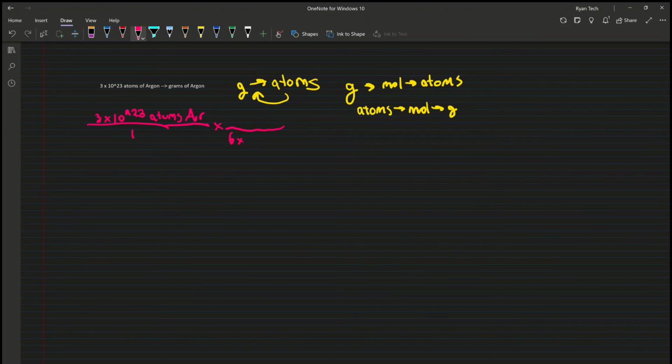something over Avogadro's number, which, as we mentioned previously, was 6.022 times 10 to the 23 atoms. So Avogadro's number of atoms of argon for every 1 mole, because as we mentioned, for every 1 mole of an atom, there are Avogadro's number of that atom.